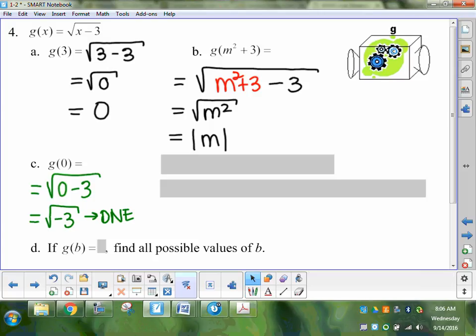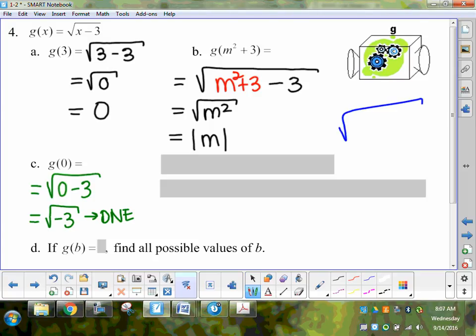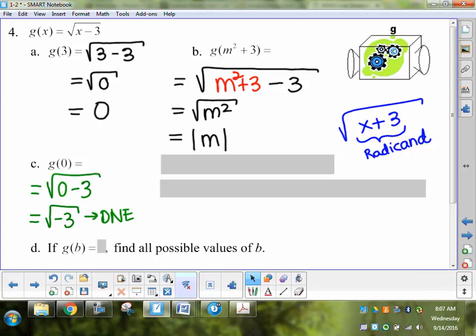This, by the way, and I don't know if you've done this before, the expression under a square root is called a radicand, so you need to make sure that you know that as well. That's the square root of the quantity x plus 3.